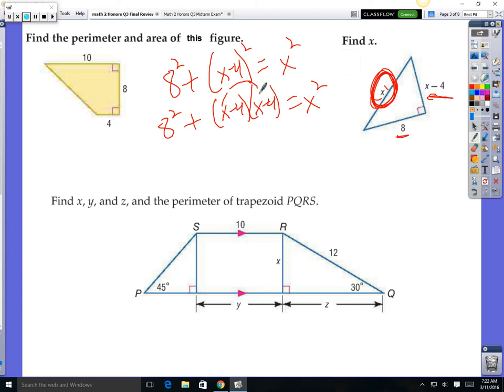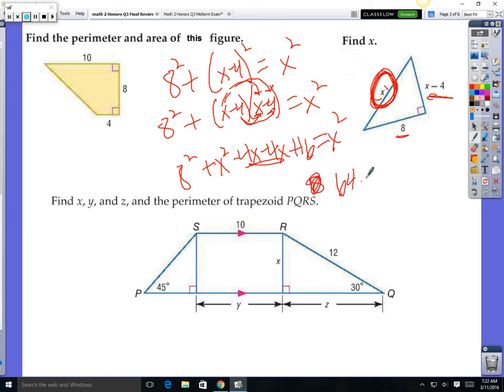Okay, now you gotta distribute. This was all quarter 2 stuff. So you got 8 squared plus x squared minus 4x minus 4x plus 16 equals x squared. I'm going to combine my like terms. So 8 squared, I guess we can do 64 plus x squared minus 8x plus 16 equals x squared.